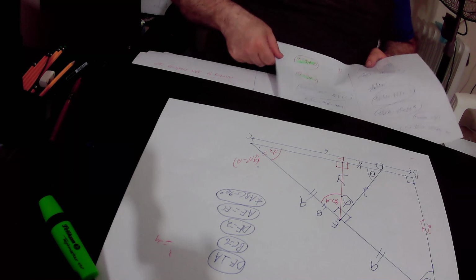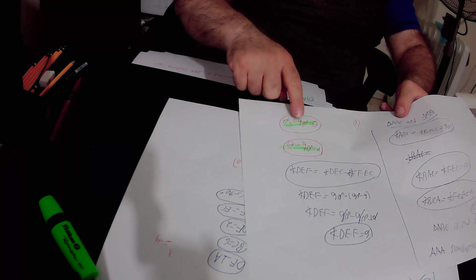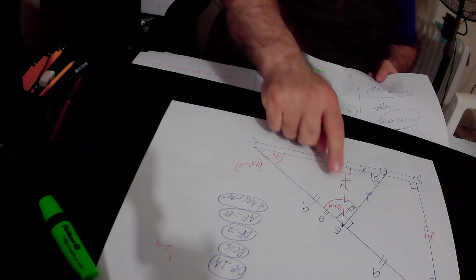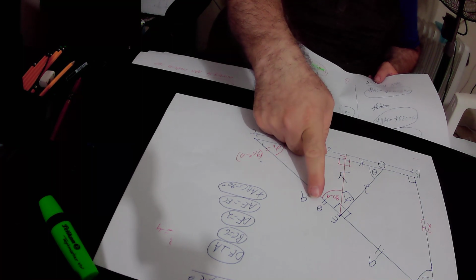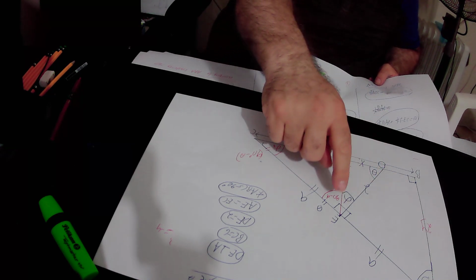But we have already found out that 90 degrees minus alpha equals theta. So this angle equals theta. So what is the size of angle DEF?